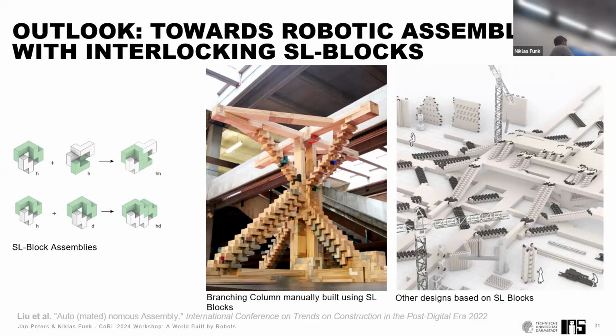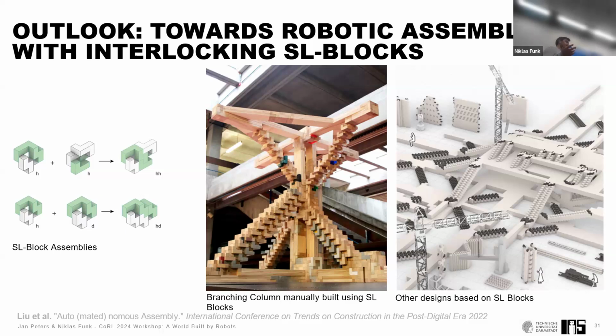So the idea is that here we now use a different set of blocks, not these rectilinear blocks, but SL blocks. And the cool thing about these SL blocks is they are interlocking blocks. So if you combine them together, all of the degrees of freedom, apart from the insertion direction, are locked with each other.